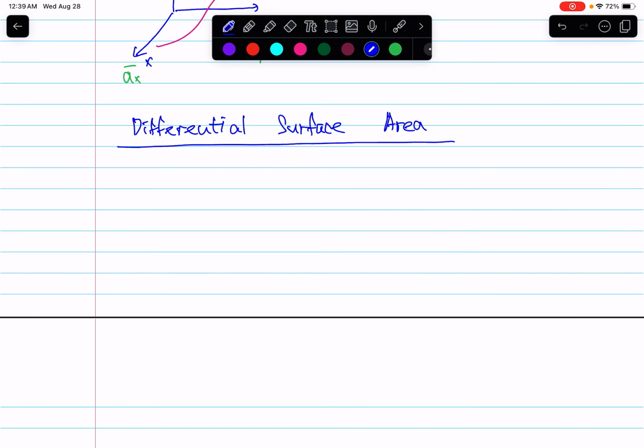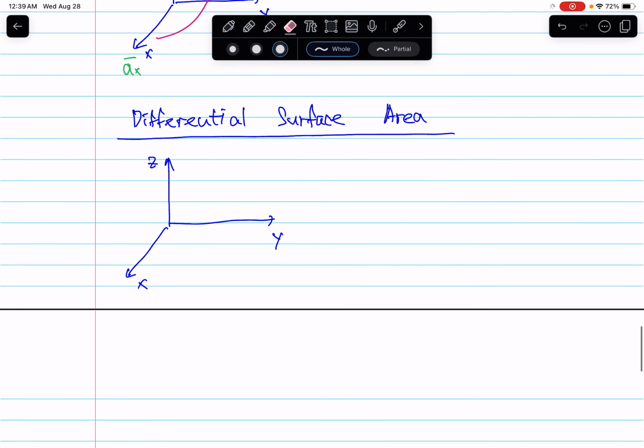So in this case, again, also in XYZ coordinate system, now let's say we have some kind of surface, okay? I don't know how to draw this artistically, but let's say there is some kind of a surface.